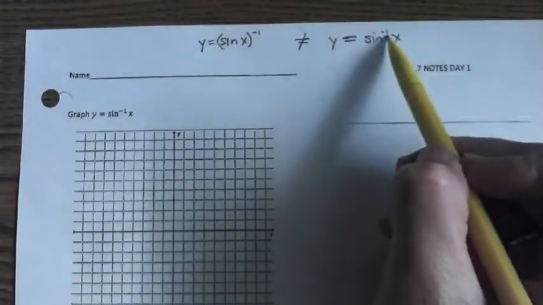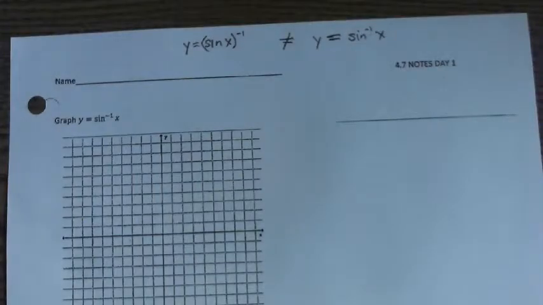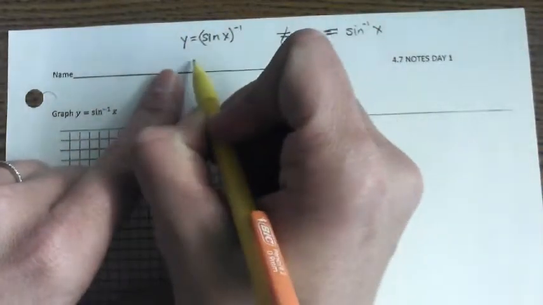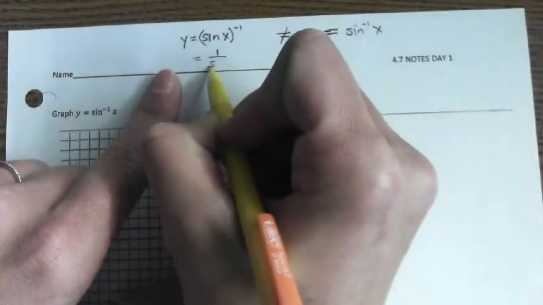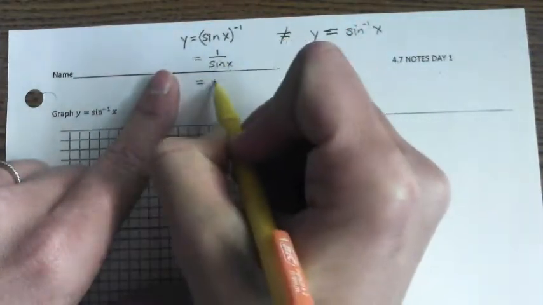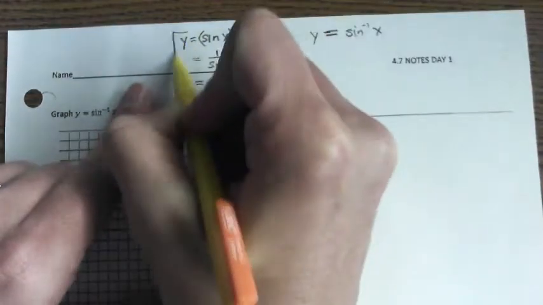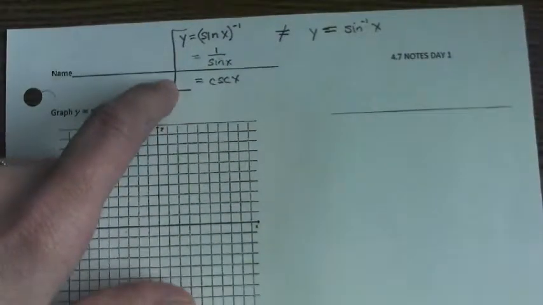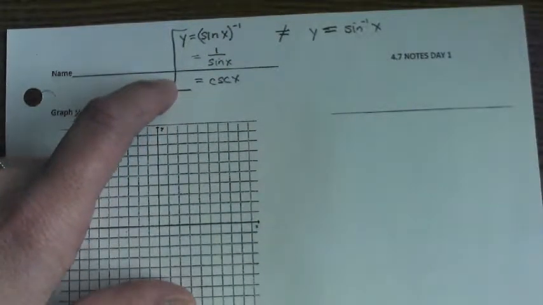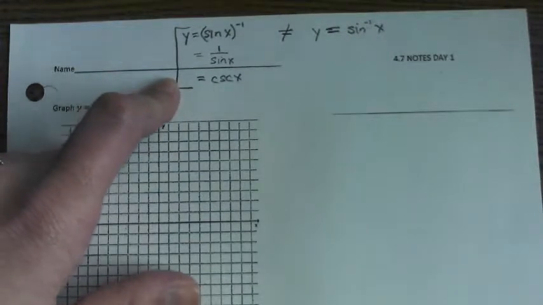Inverse kind of looks like it's raising something to a negative first power, but that's not really what's happening. This one is raising the sine to the negative first power, so this one is 1 over sine x, and so this one is the cosecant x. So this is not an inverse function. This is, in fact, a reciprocal function that we just spent time on, right?